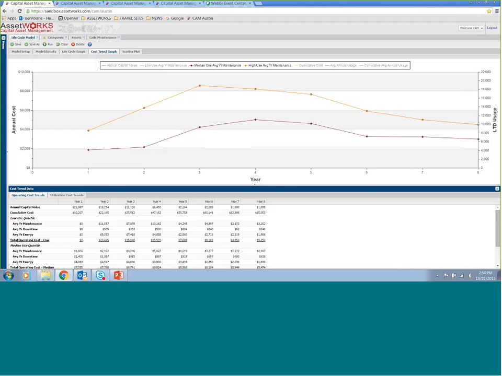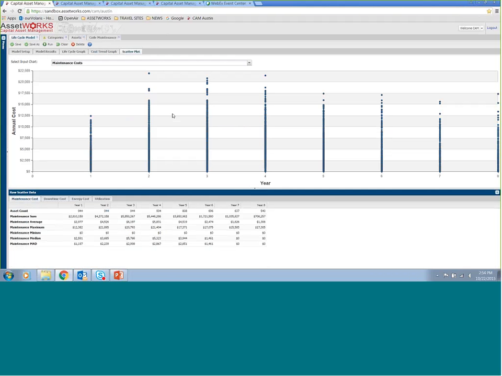Now, in order to also help us look at the data, we've implemented scatter plots. And with these scatter plots, we take the observations for each of the years, and then we plot those into the graphs as you see on here. So each dot represents an asset and that asset's cost. And you see in the first year, we've got costs ranging anywhere from 0 to almost $12,382.